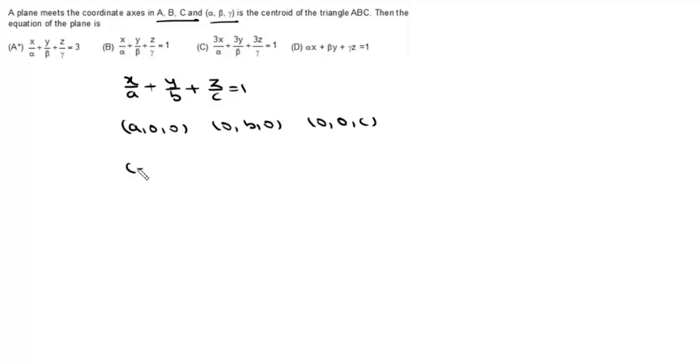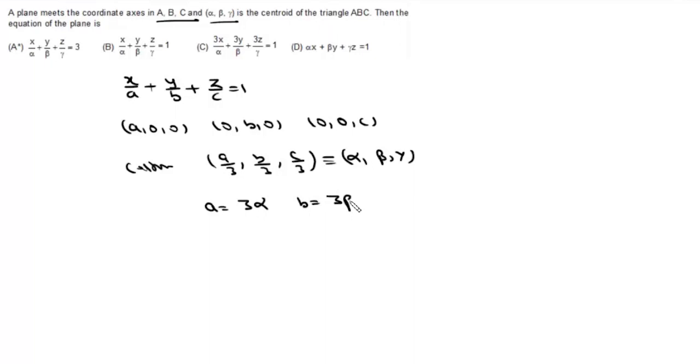Now we find the centroid of the intercepts, which will be (A/3, B/3, C/3). And in the question it is given that the centroid is at (alpha, beta, gamma). So from here we can write A = 3 alpha, B = 3 beta and C = 3 gamma.